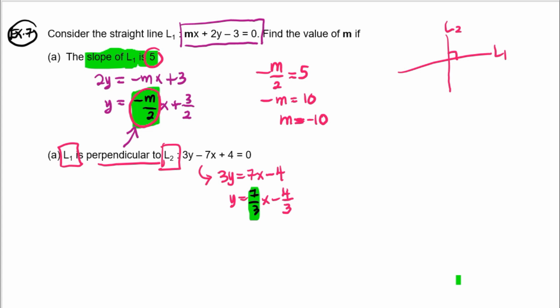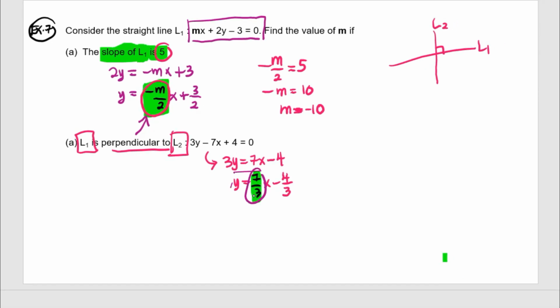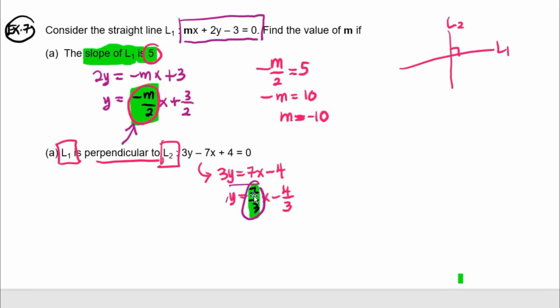You just need to multiply these two, and that will be equal to negative 1. You know that m of L1 multiplied with m of L2 should be equal to negative 1.